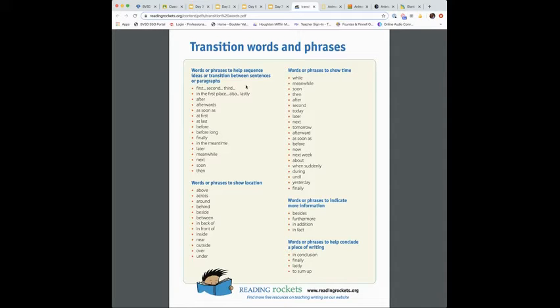First of all, some paragraphs work well when we put them in sequence. That's like saying what happens first, what happens second, what happens third. That means we could also use words like afterwards, at first, at last, before, or finally. I love how all of these words are right here to help me.